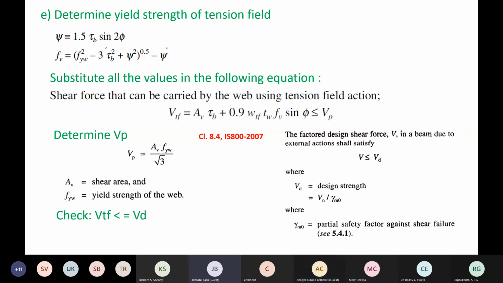So next, find what Fv is. Fv is the yield strength of the tension field. Has anyone calculated it? 185.4. 185.